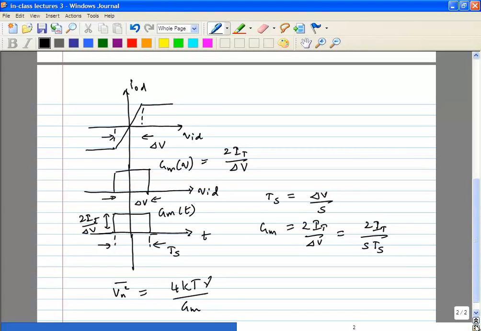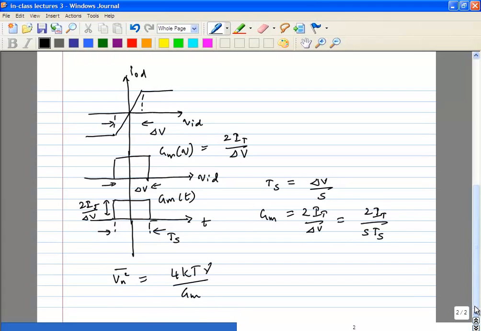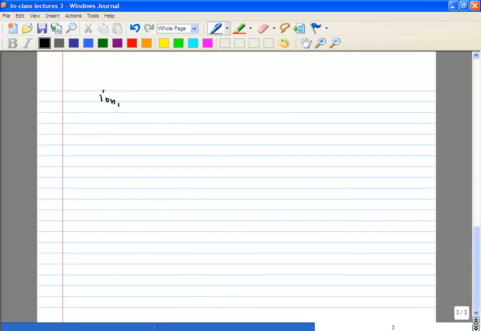So now we are going to make a small leap, a leap of faith. I'm just going to give you the result. This is the beginning of the analysis. There is some autocorrelation integration you have to do to get the final answer, but I'll just give you what the final answer looks like.